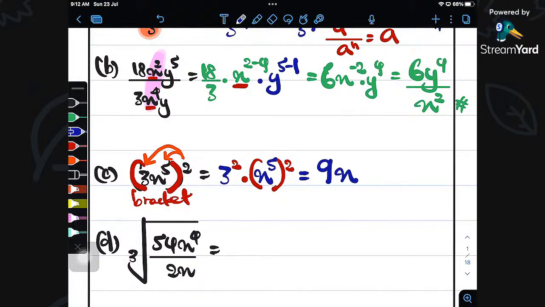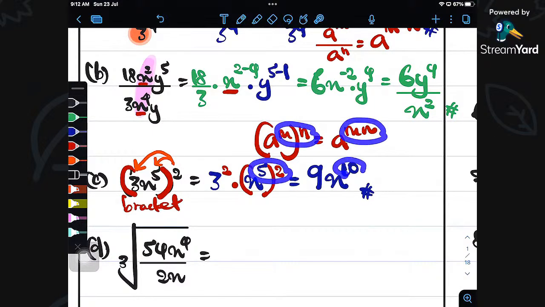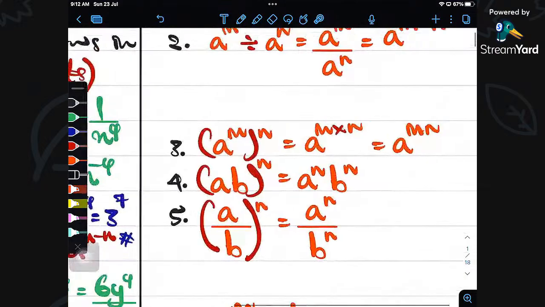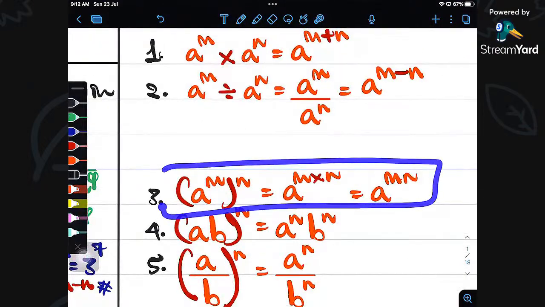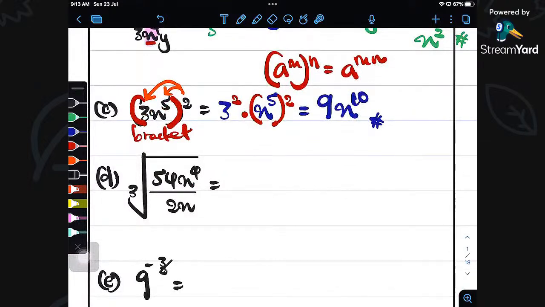Yang ini, x to the power of 10, it will be, because from the formula of a^m bracket n, jawapannya adalah a^mn. Okay, it means that m must times with the n's. That's why I got 10. So this is actually using the formula of this one. So I hope you can compare it yourself at the notes that I have given you all. Please look at it frequently.